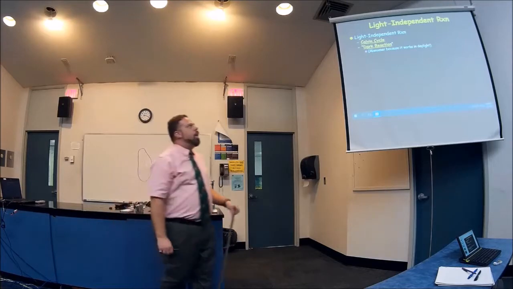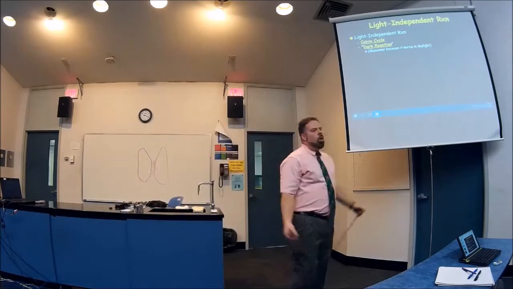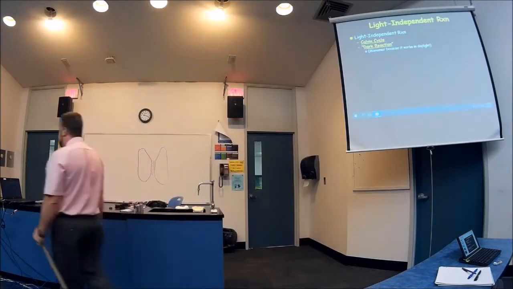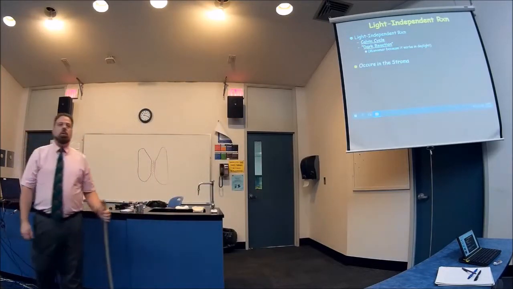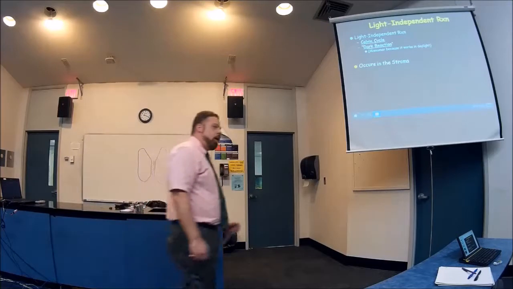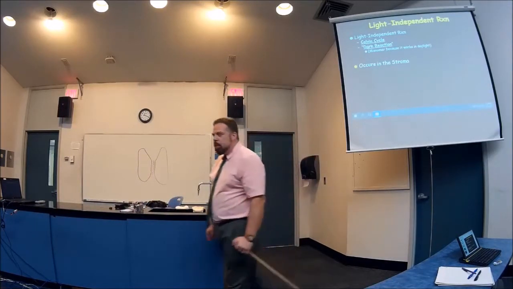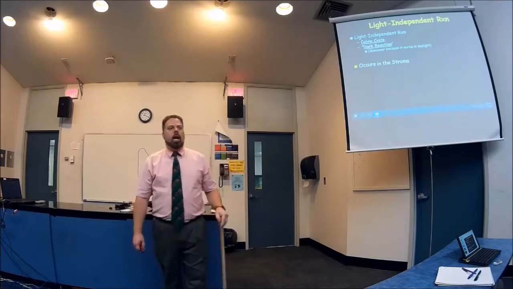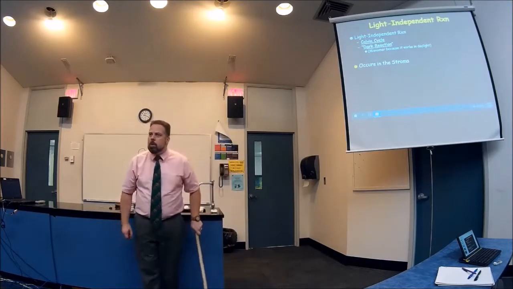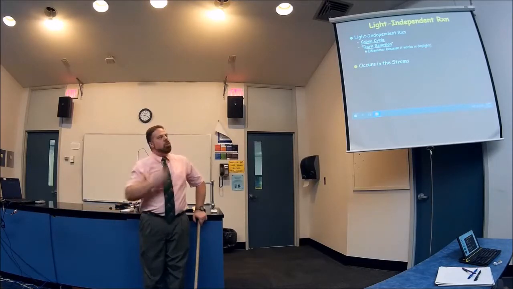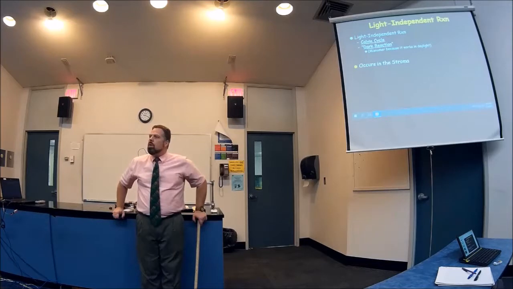So this is the light-independent reactions, or better known as the Calvin cycle. Okay? This now occurs in the stroma, not in the thylakoids. So now the ATP and the NADPH leave the thylakoids and go to the stroma to feed into the Calvin cycle.